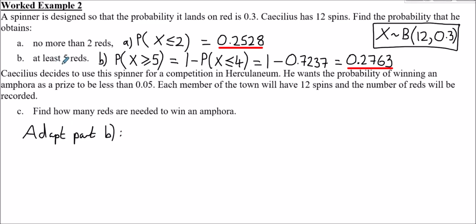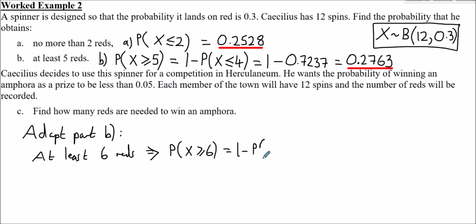So at least 5 reds, that was only a 28% chance. How about at least 6 reds? That would be, using this idea here, the probability x is 6 or more, that would be 1 minus the probability of x being 5 or less.